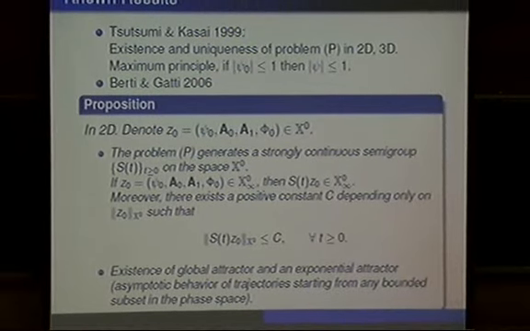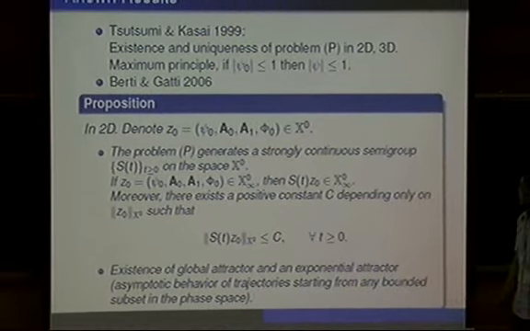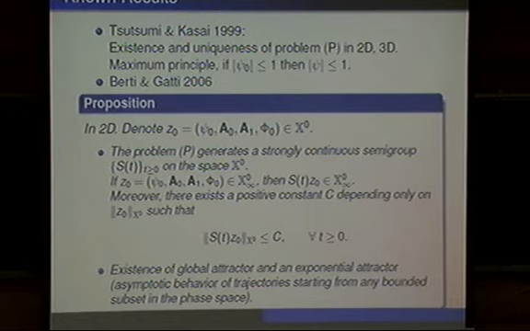Later on, in the paper by Berti and Gatti in 2006, they focus on the 2D case, which has a more physical meaning. They show that for any initial data in the space X0, the problem generates a strongly continuous semigroup on the space.